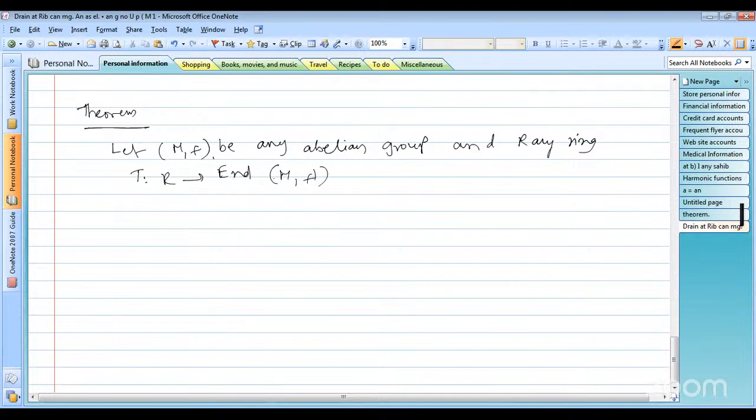The M can be made into an R-module by defining ax = T(a)(x) for all a belongs to R and x belongs to M.